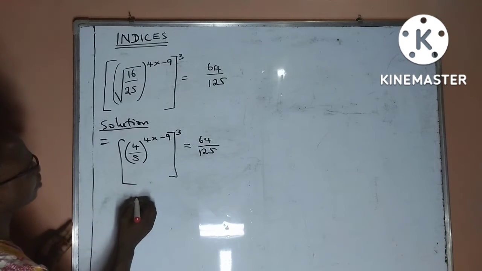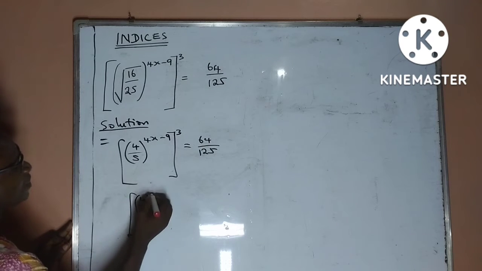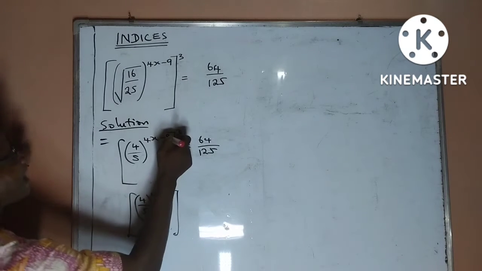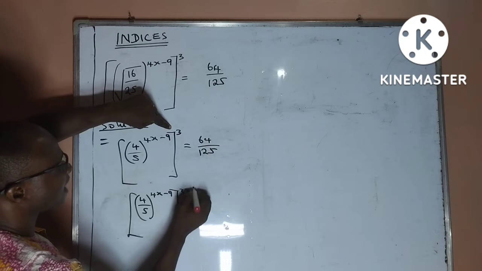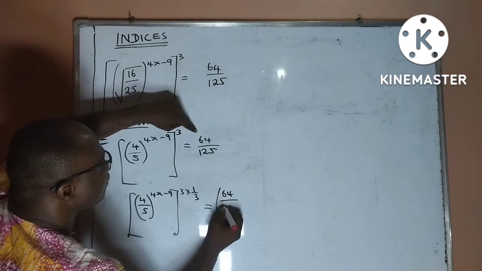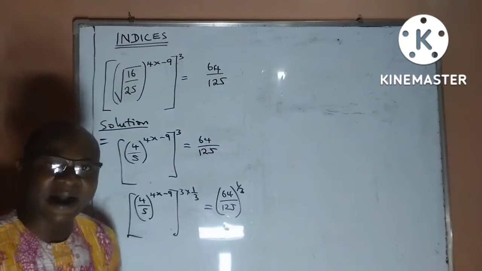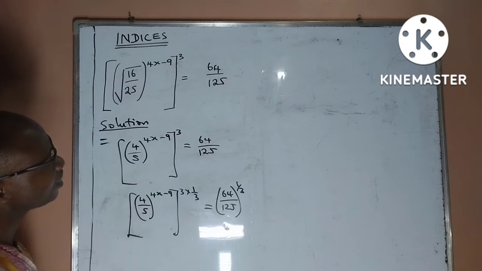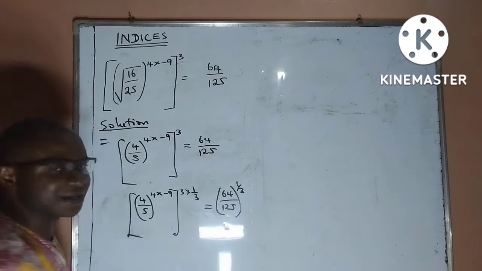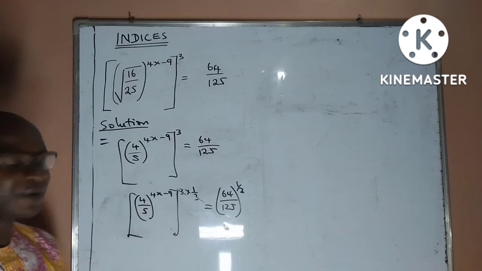That means I have 4 over 5 raised to the power 4x minus 9, then the power 3 multiplied by 1 over 3. At the right hand side, I have 64 over 125, and I will still put the power 1 over 3. So what I have done to the left, I have done to the right. You can see that this 3 will cancel this 3, which removes that 3.